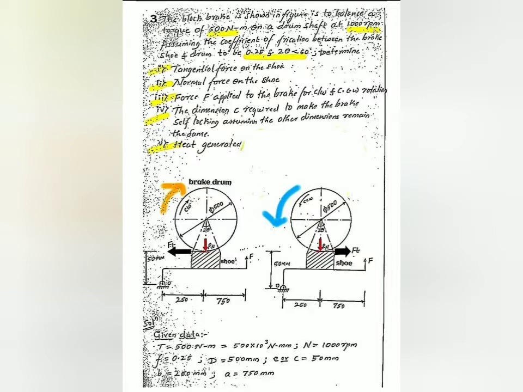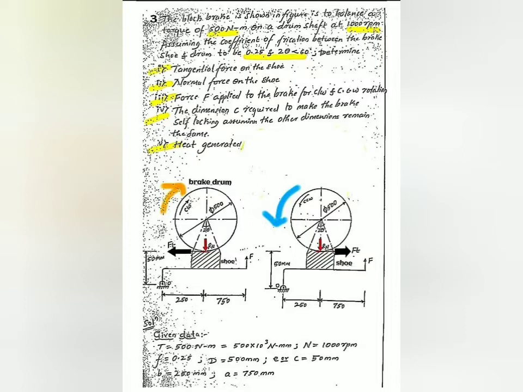That is why the tangential force Ft you can write as the reaction force Rn multiplied by the coefficient of friction f, which we'll use to find the reaction force Rn.